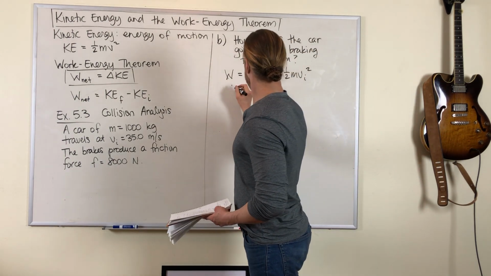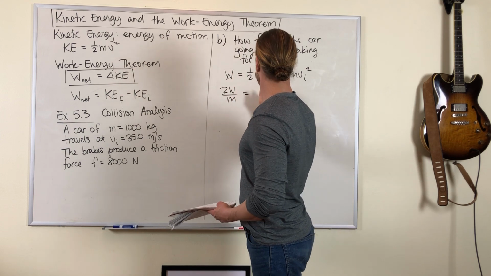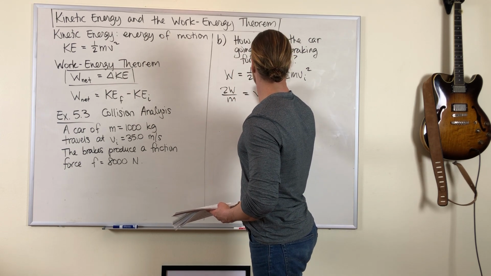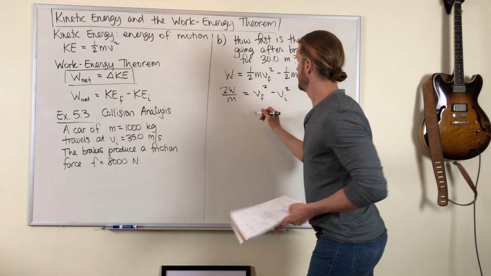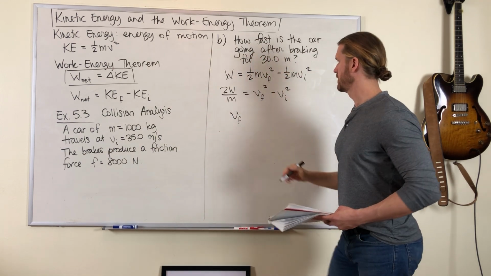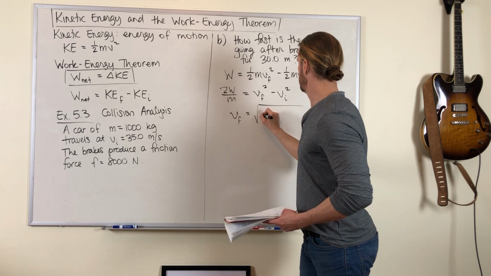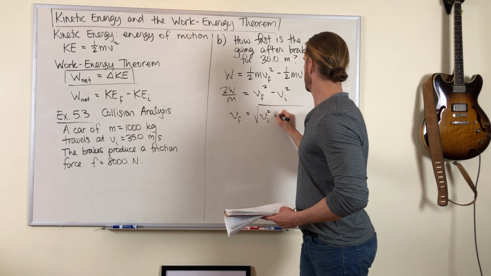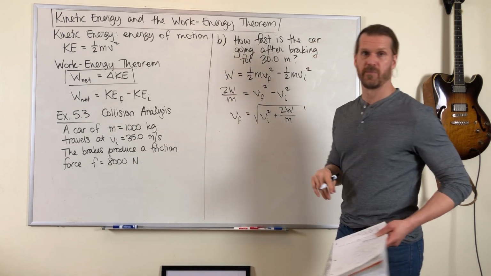We do a little algebra. 2 times the work over the mass equals v final squared minus v initial squared, and we find that v final is the square root of v initial squared plus 2 times the work over the mass.